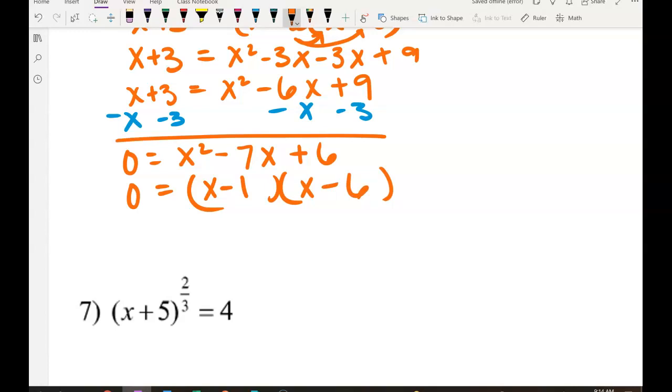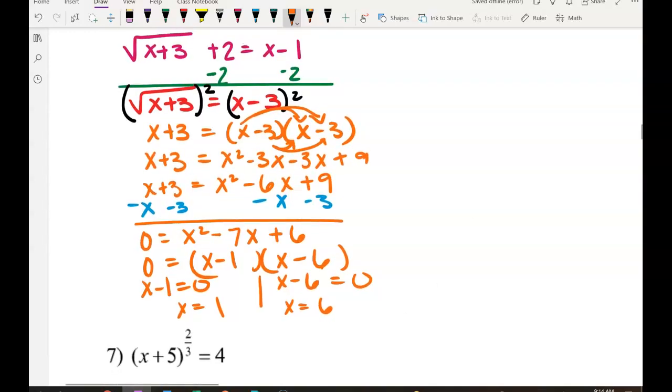Okay, perfect. Then we have done factoring. Roman, what's the next step? What is it? Very good, buddy. So x minus 1 equals 0. x minus 6 equals 0. So we have x equals 1. x equals 6.